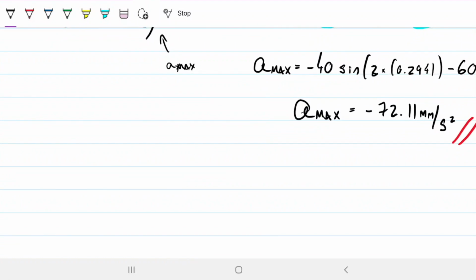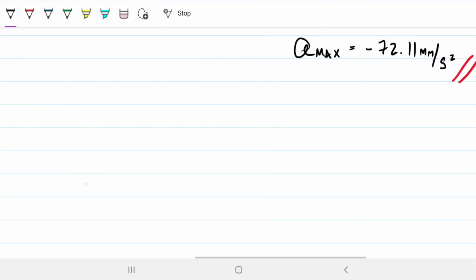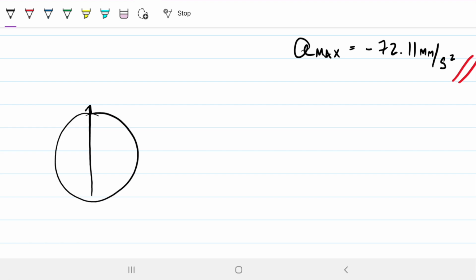If you think about it, at any given point, let me try to draw a circle. I'm not the best at drawing circles, or anything for that matter. If at any point we choose a point there, we're going to have a magnitude that is related to the cosine and a magnitude that's related to the sine.